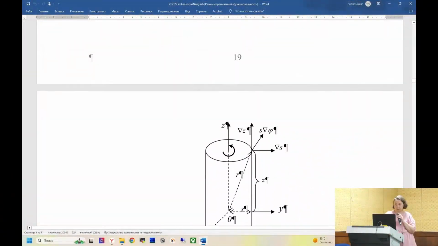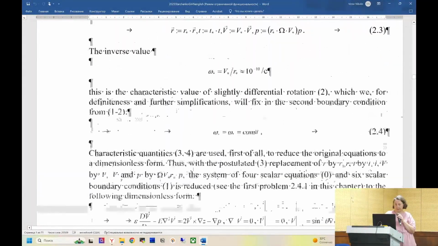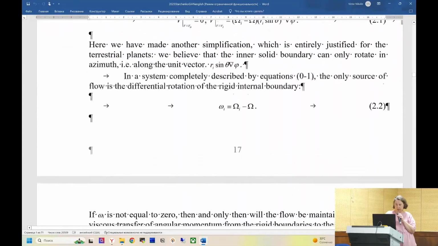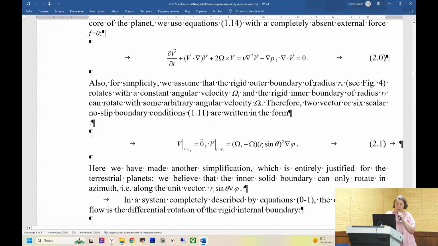Here is just the text of the task. First one: perform Taylor transformation to obtain the dimensionless system 5 from the dimensional equations 0 and 1, provided that variables are transformed in accordance with 3. So we need 0, 1, 5, and 3. 0 and 1 are our initial set of equations and boundary conditions.